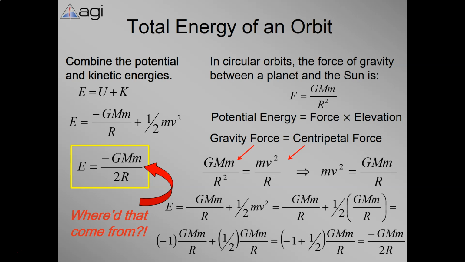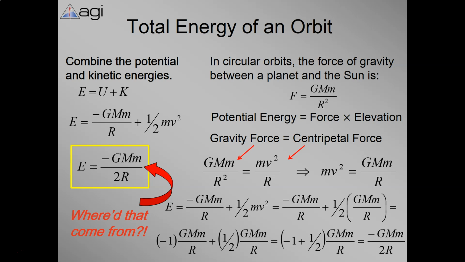Gravity force is centripetal. So gravity force here is capital G, capital M, little m over r squared, and the centripetal force is mv squared over r. When we set those two equations equal to each other and solve for mv squared, we get GMm over r.